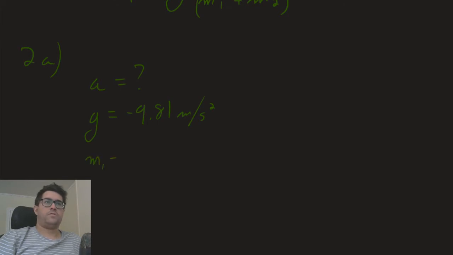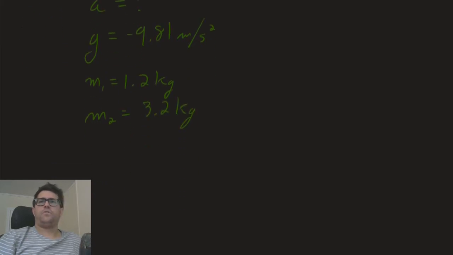The mass 1 is 1.2 kilogram. Mass 2, 3.2 kilogram. Acceleration is g times m1 minus m2 over m1 plus m2.